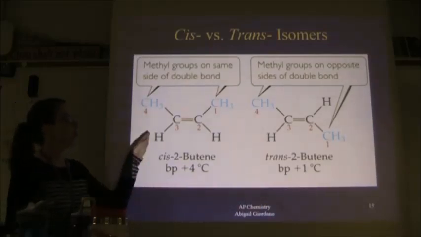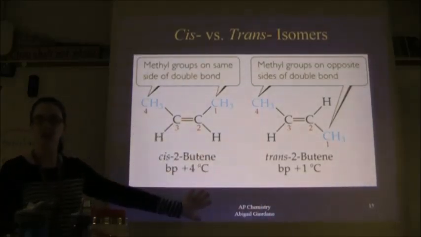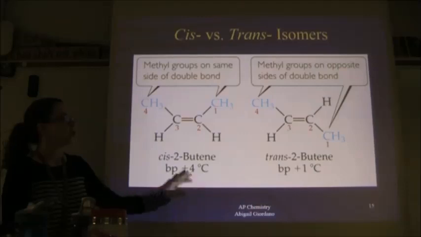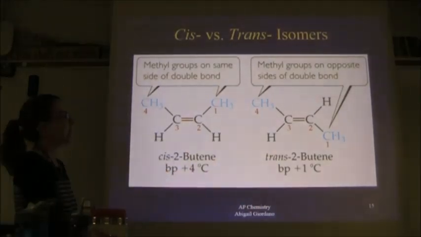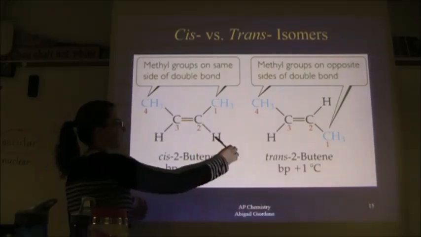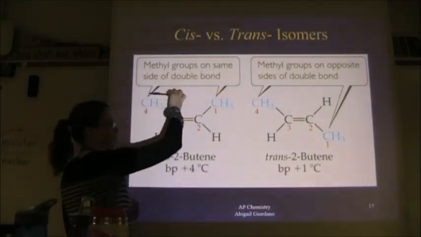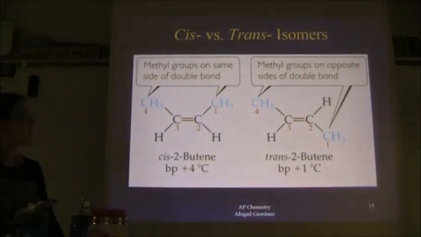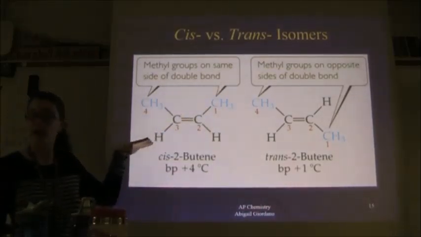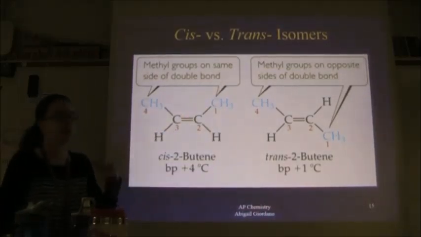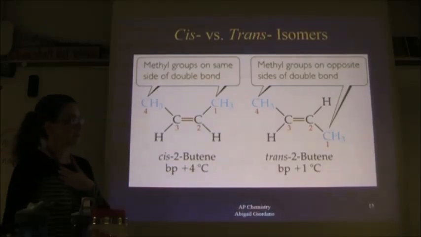Well, guys, if you are given a drawing and you're supposed to name it, you only have to worry about cis and trans if your drawing has this X shape, okay? If you don't see this kind of thing and it's an alkene, that means you don't need to worry about cis and trans, okay?